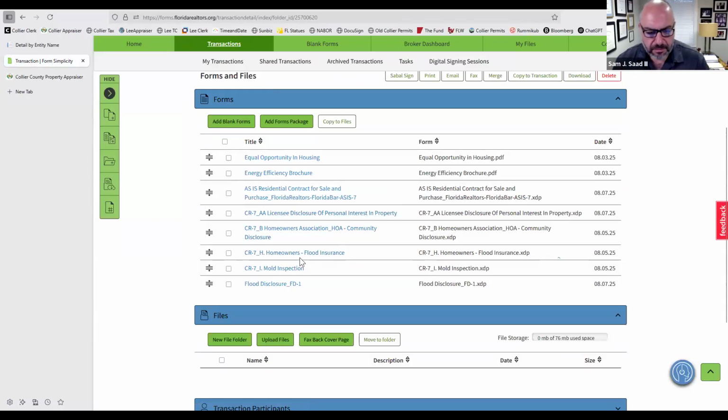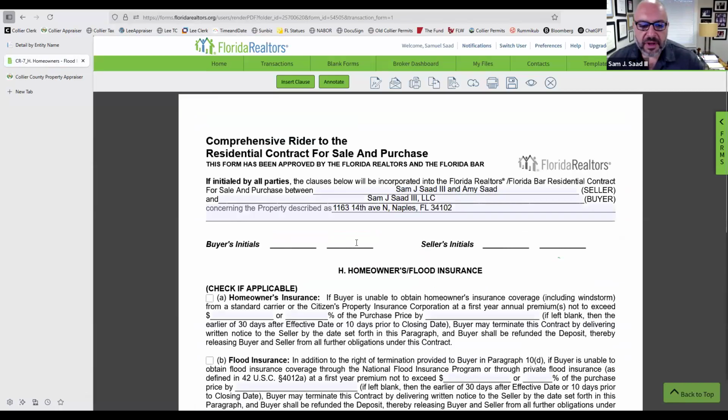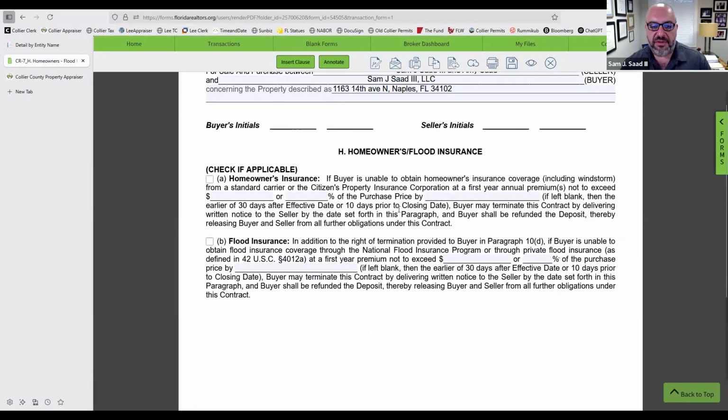Next up, we're going to talk. I forgot to check the box for the flood insurance. We're going to do two addenda that we're going to talk about on this contract. First is the right to get flood insurance. If the buyer, you check these boxes here, homeowners insurance and flood insurance, and then read this.